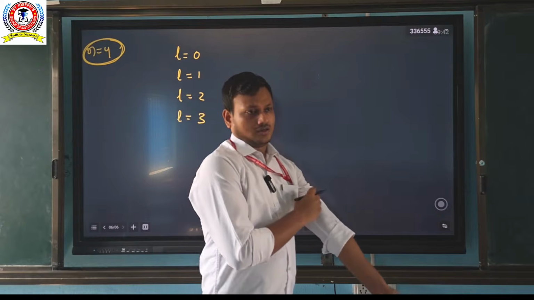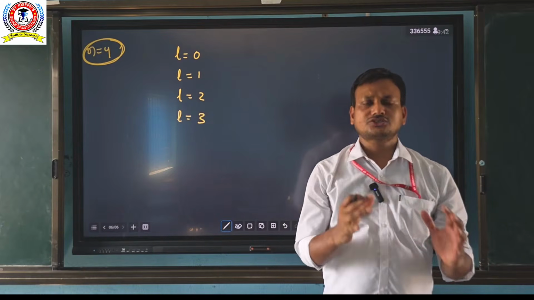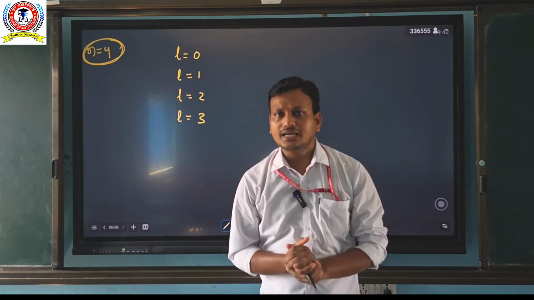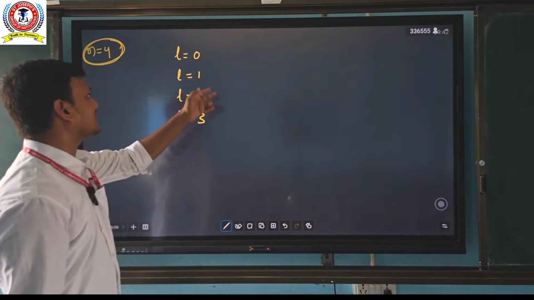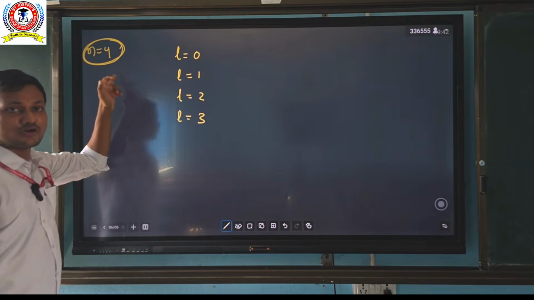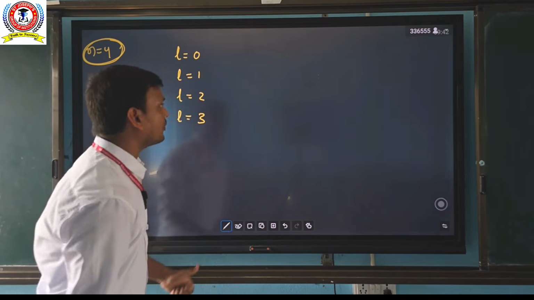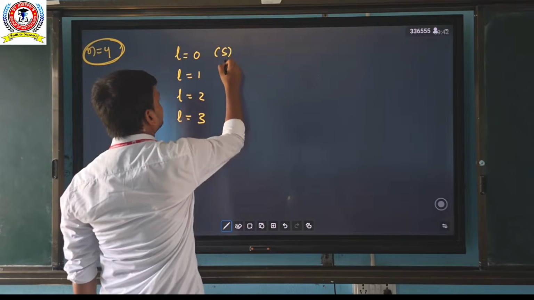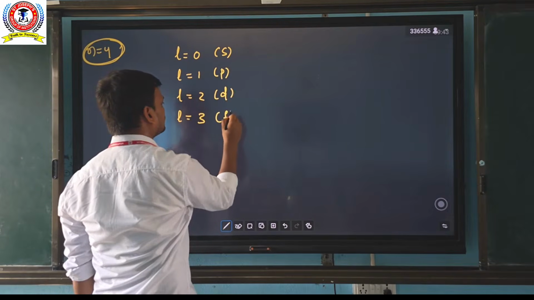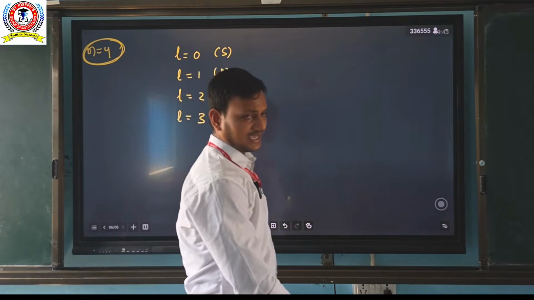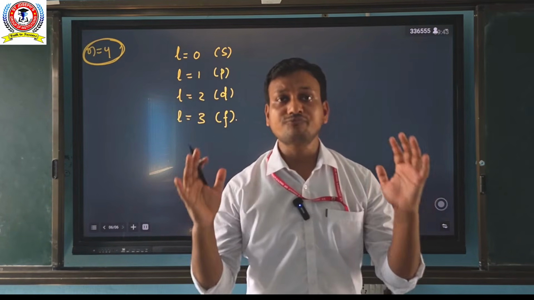That means there are 4 subshells present in the fourth shell: l is equal to 0 for s, l is equal to 1 for p, l is equal to 2 for d, and l is equal to 3 for the f subshell.